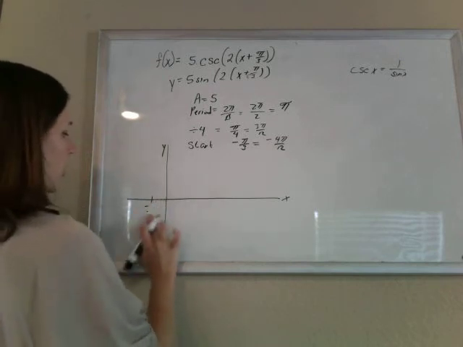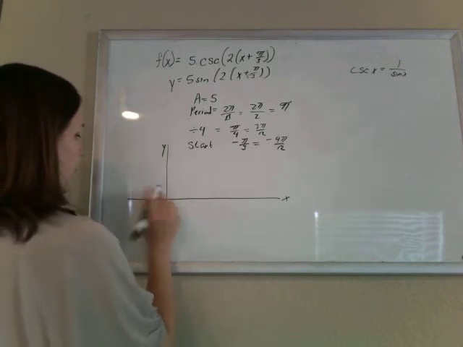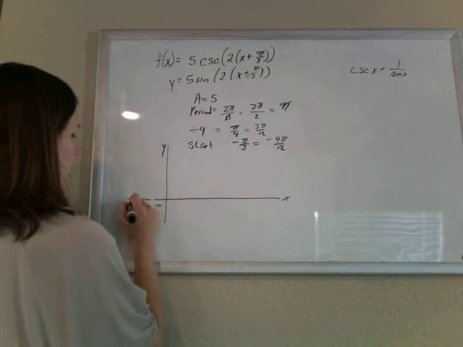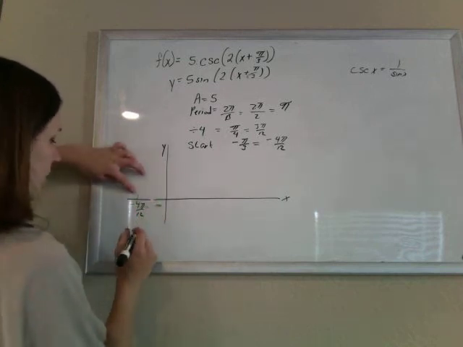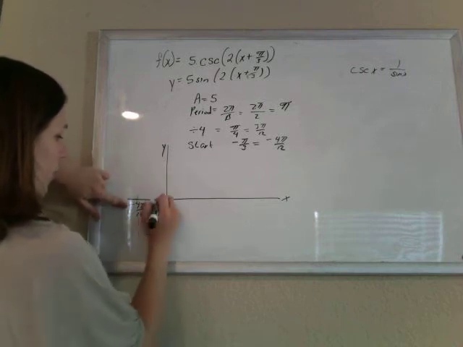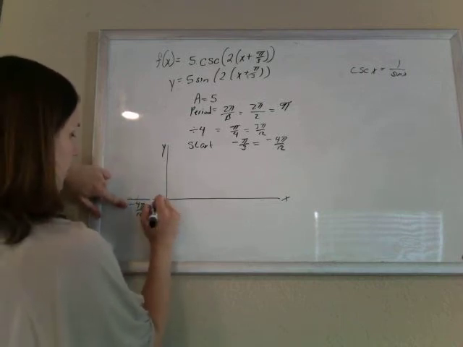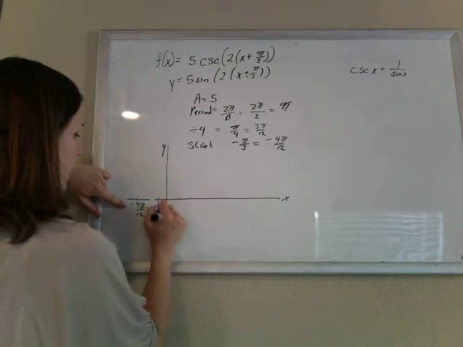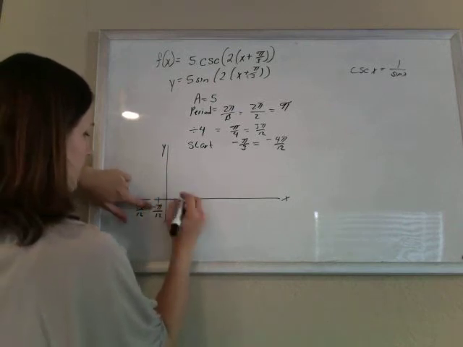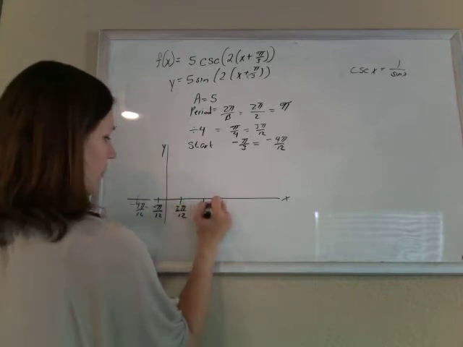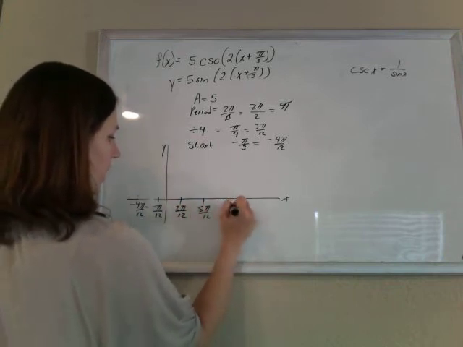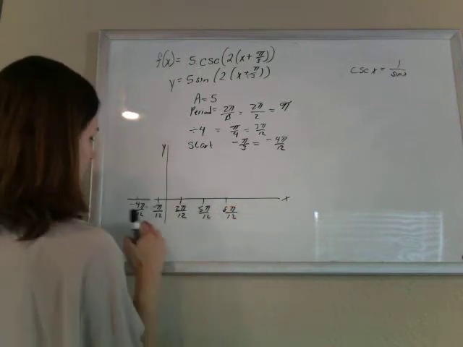So if I start at negative 4 pi twelfths, and I keep adding 3 pi twelfths, negative 4 plus 3 will be negative 1 pi twelfths, plus another 3 will be 2 pi twelfths, then 5 pi twelfths, then 8 pi twelfths.